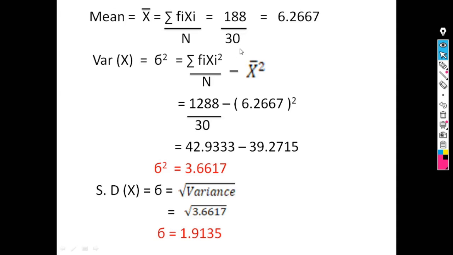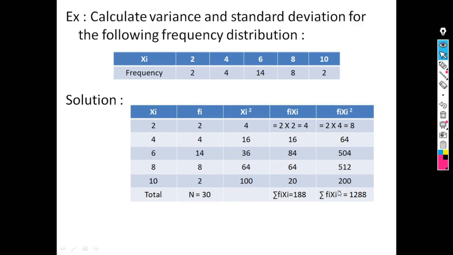So 188 divided by 30 is equal to 6.2667. Then the formula of variance, denoted by sigma square, is summation of fi xi square by n minus x bar square. The summation of fi xi square is 1288.